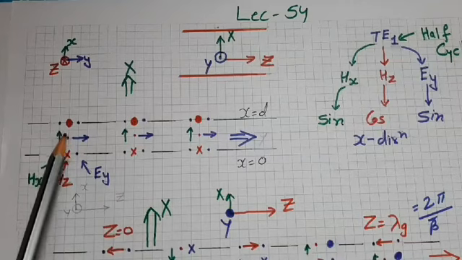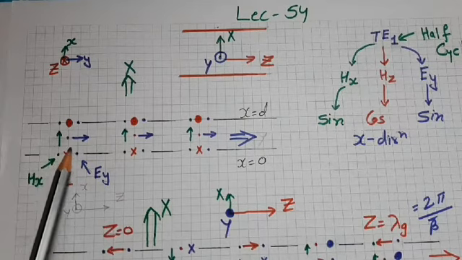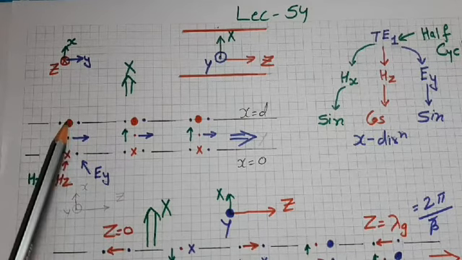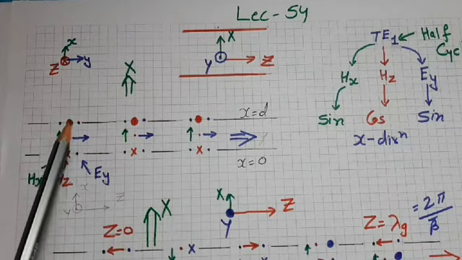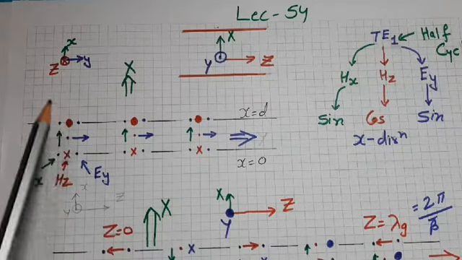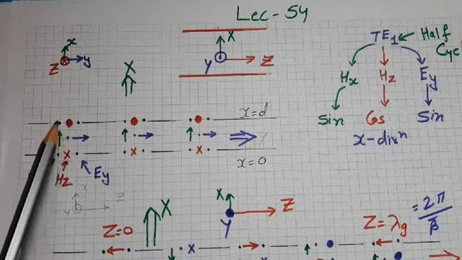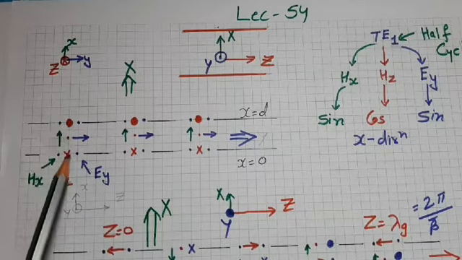At x equal to 0, that is on the lower plane, Hz would be positive max, so represented by a cross, then it will become 0, and after that it becomes negative max on the second plane. Because it is negative max, it is represented by a thick dot here. So the Hz variation can be read as positive max, 0 and then negative max. It is the variation of a cosine function for half cycle.